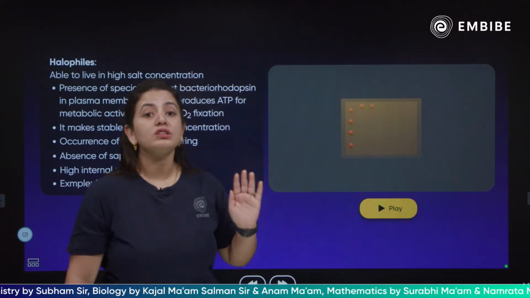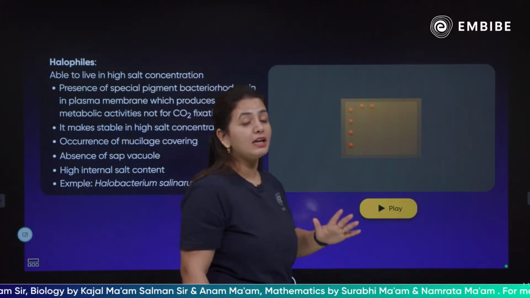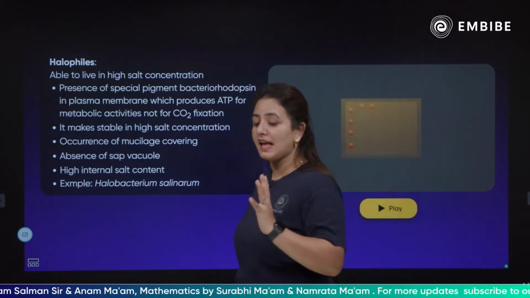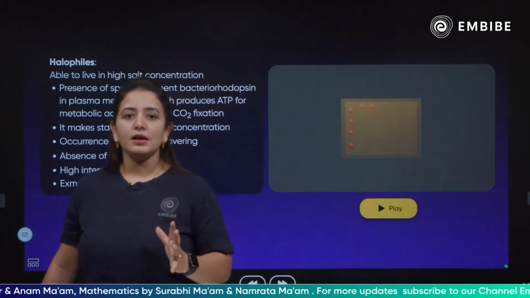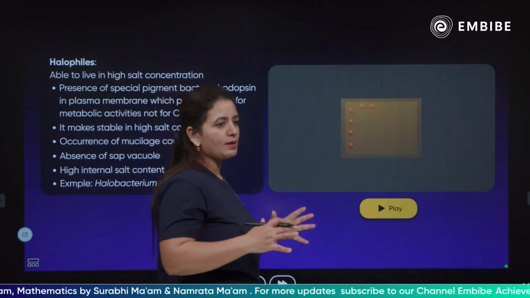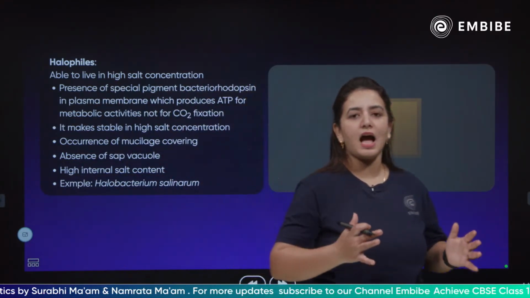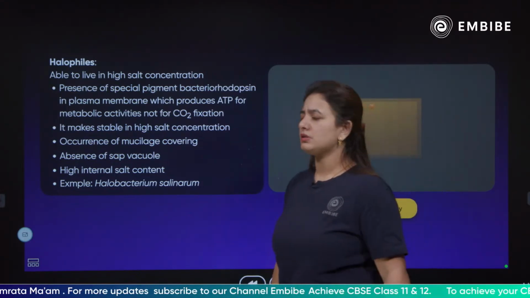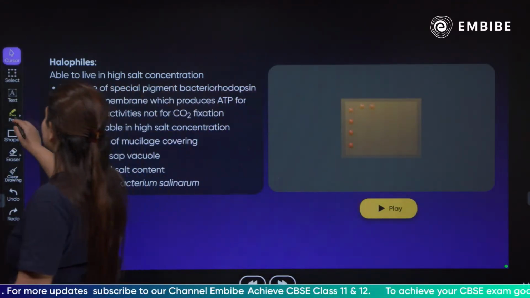It will lead to lysis of the cell. Plasmolysis will happen, the protoplasm will die. The cell will not be able to survive in extremely hypertonic conditions. But how are these halophiles able to survive?